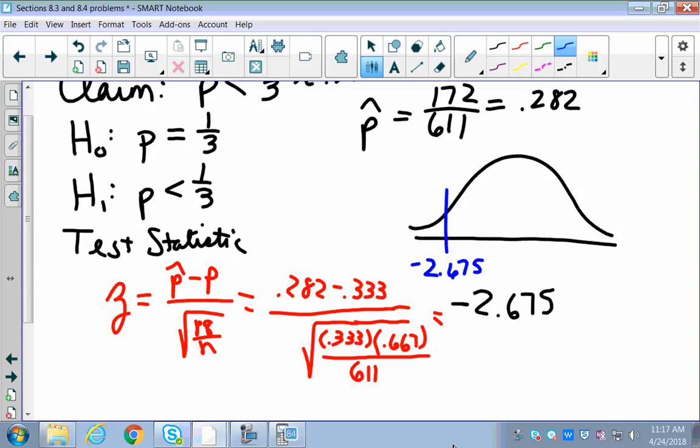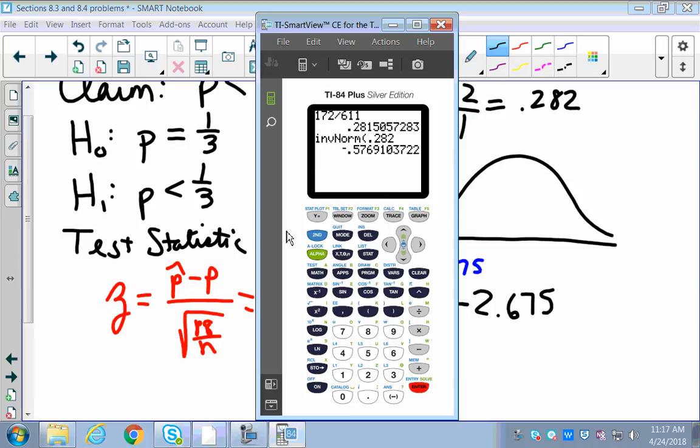That's the P value, correct? How am I going to find that P value? Got a couple ways, right? I can go to my Z-score chart, or I can go to my calculator and go second distribution, my normal curve.